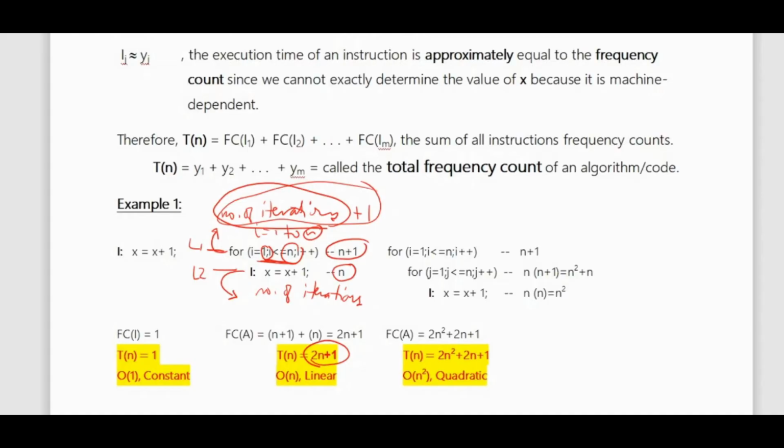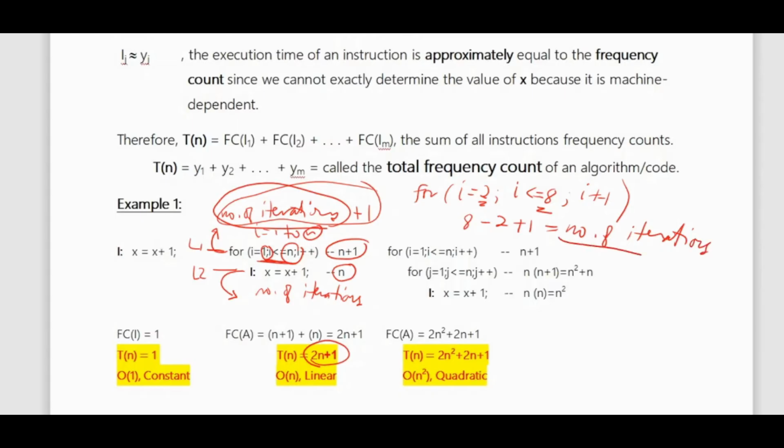But if it's not 1, say for example, for I from 2, I less than or equal to 8, I plus plus, how many iterations are there? How do you get the number of iterations? It will be upper limit, which is this 8, minus lower limit 2 plus 1.